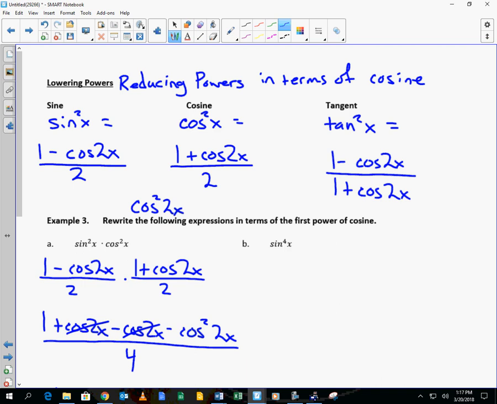As we went from here to here, what happened to the angle? It doubled, right? So the angle will just double. So we get 1 plus cosine of 4x over 2.